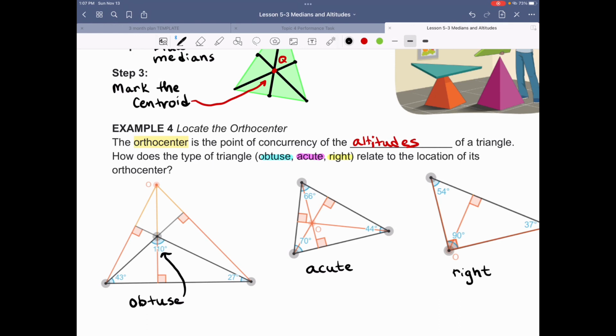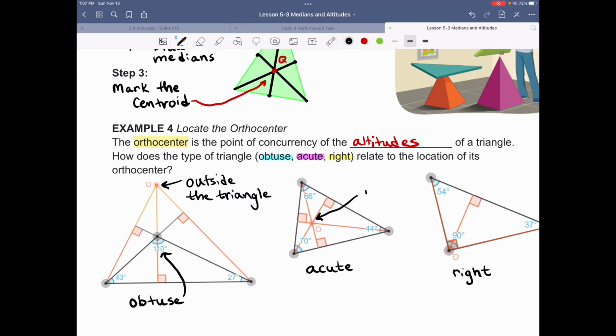And how does that affect the orthocenter? For the obtuse one, where's the orthocenter? That orange dot. The orthocenter is right here, so it's outside of the triangle. And for the acute, this is the orthocenter, where all the altitudes are coming together at their point of concurrency.